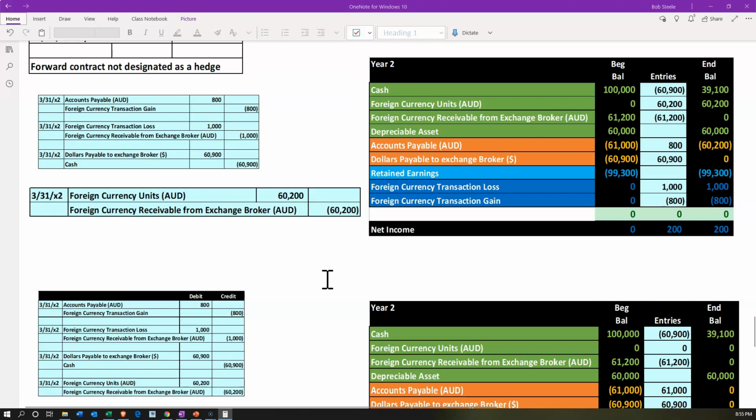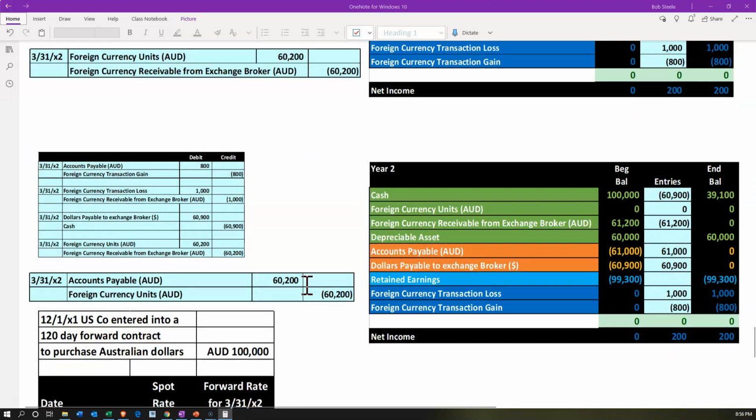So now we're holding on to our 100,000 Australian dollars, which is represented by 60,200 in US dollar measurement currency, and we're going to use it to pay off the payable that we have, which is 100,000 Australian dollars, which of course the payable and the receivable are now equally valued because we've equally valued these 100,000 Australian dollars in terms of current US dollar amounts. All right, next item then.